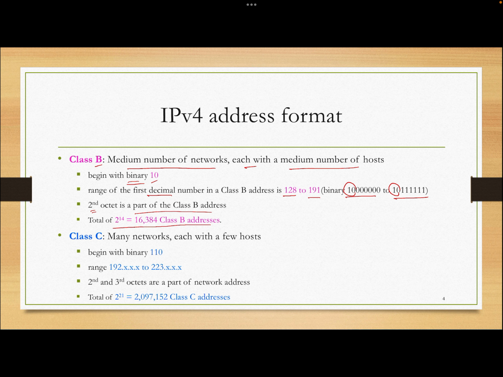And class C, you have many networks, small size networks, each with a few hosts. It starts with 110, and in decimal is 192 to 223. The second and third bytes are also the network address, so only the fourth byte is the host address, and there's a total of this many class C addresses.